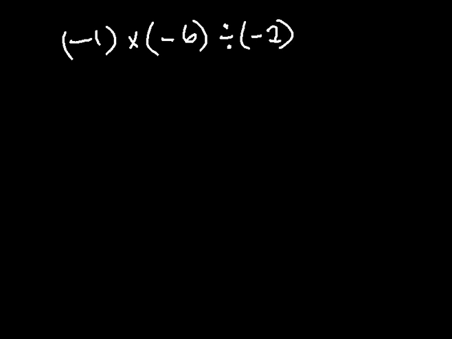How about, let's say, if we have negative 1, times negative 6, divided by negative 2, and times negative, let's say 1 as well, and times negative 6.